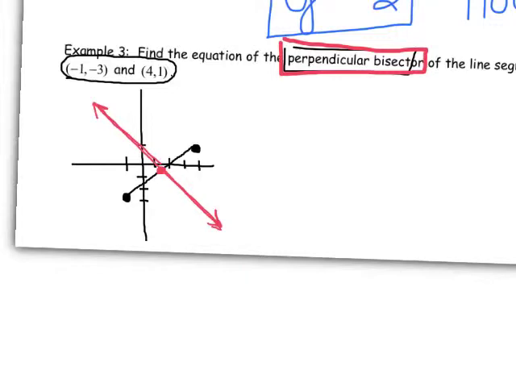All right, so let's think about how I'm going to find that. If you want to be perpendicular, then I'm going to have to find my original slope, and then flip it, the negative reciprocal. So first, let's find the original slope.